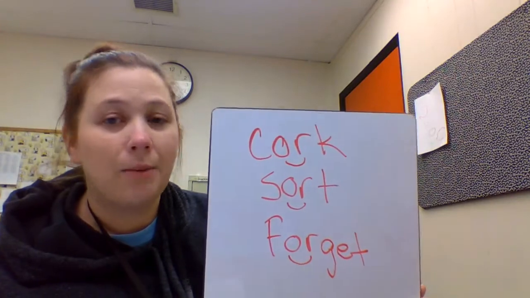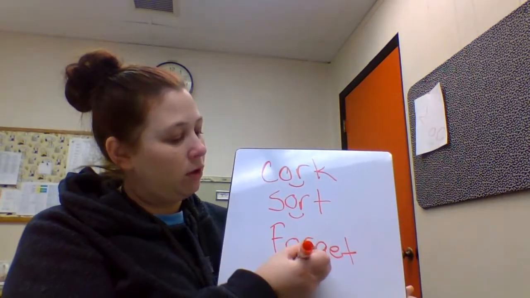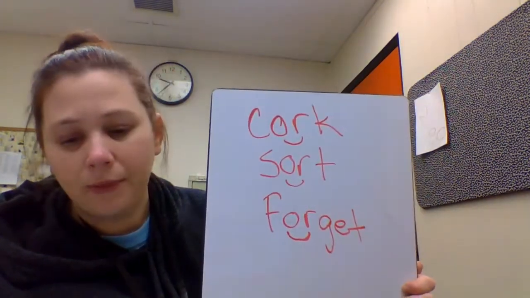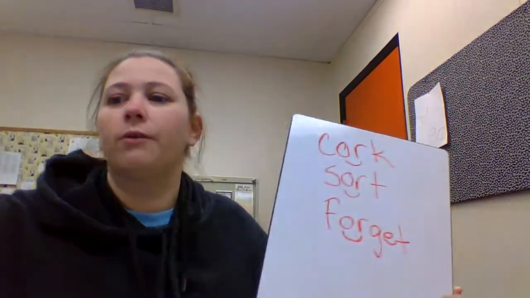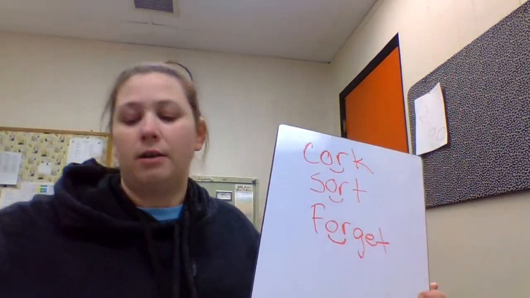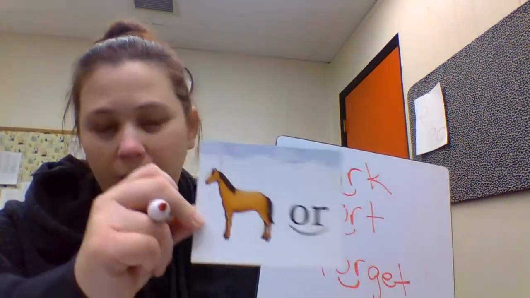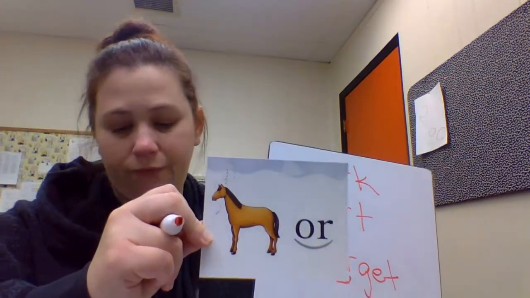So this is called combination O-R. And when we're coding, we should do it with that little loop, just like we do on the ER and the AR. All right. So our picture card for this, we have horse. So when we see this, we'll say horse combination OR.